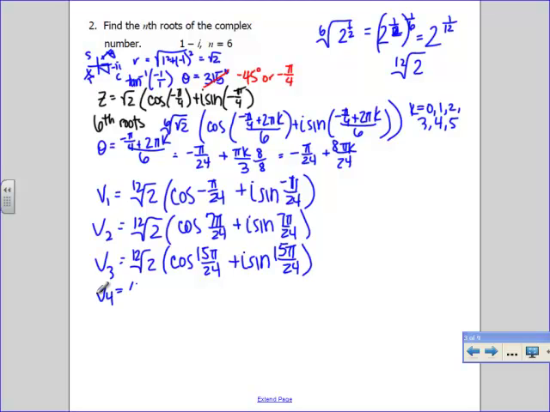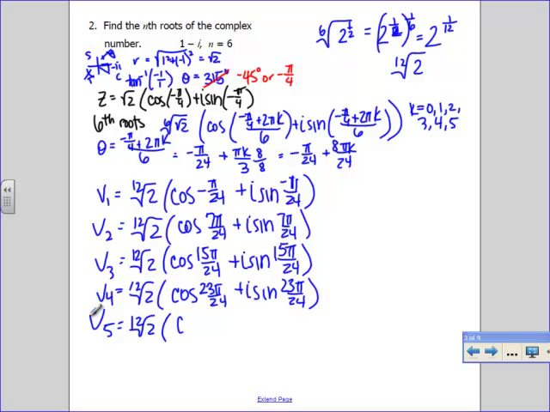V4, 12th root of 2, adding 8 to 15, I get 23 pi over 24. V5, 12th root of 2, add 8 again, I'm going to get 31 pi over 24.